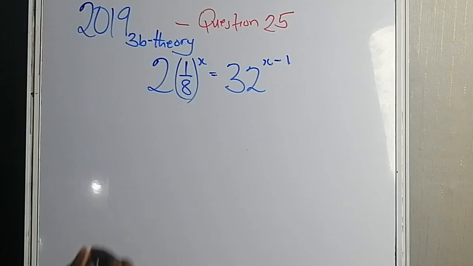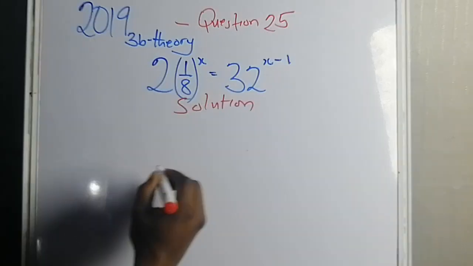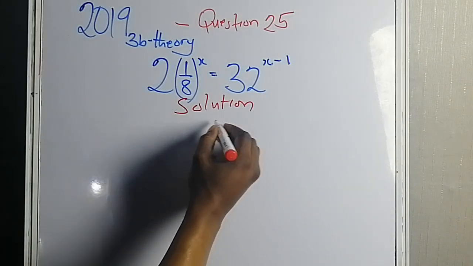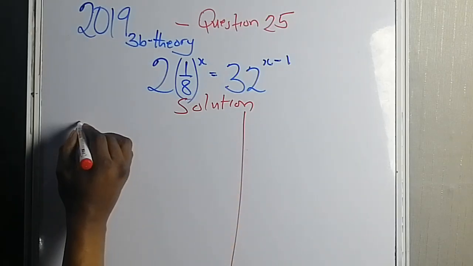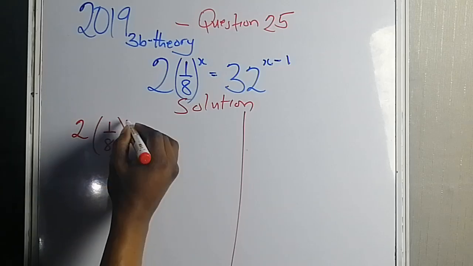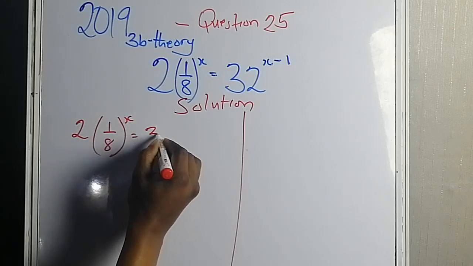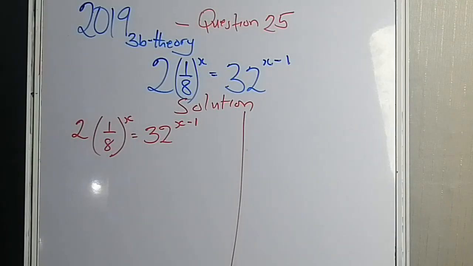Straight to the point, we have a solution here. Let me divide this one into two. You have 2 raised to power 1 over 8, all raised to power x, equals 32, x raised to power x minus 1. Very simple.